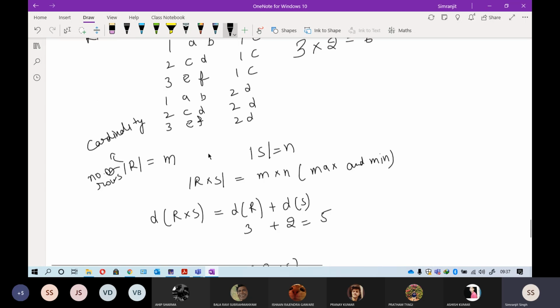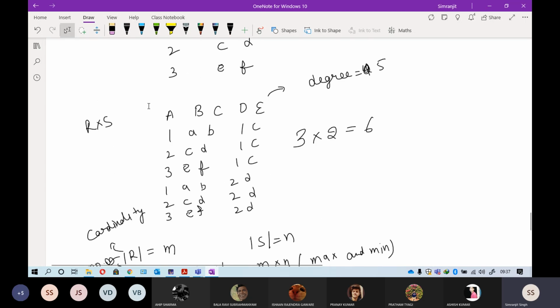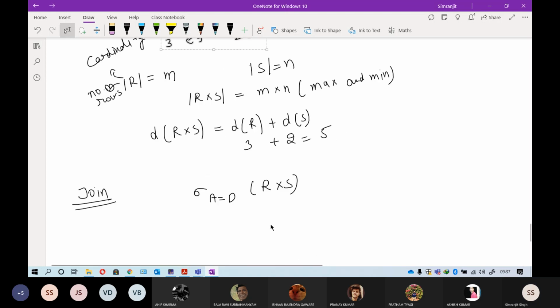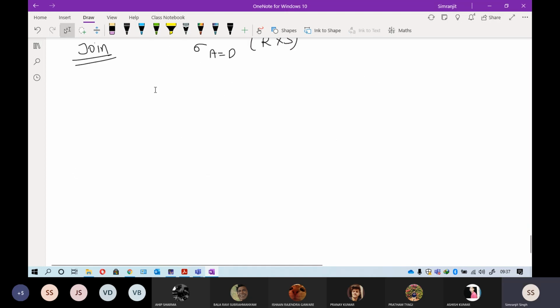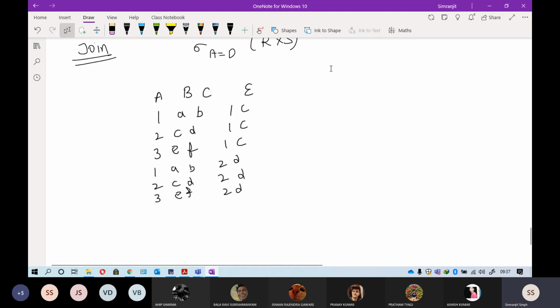If I take this example, I'm taking the cross multiplication of both of these and placing it here, where A is equal to D.